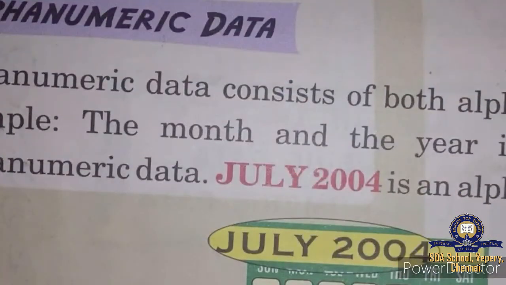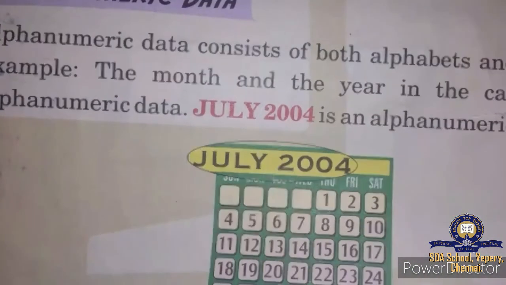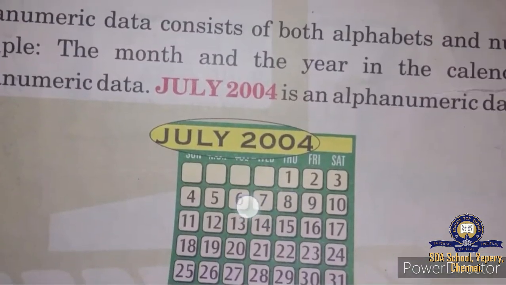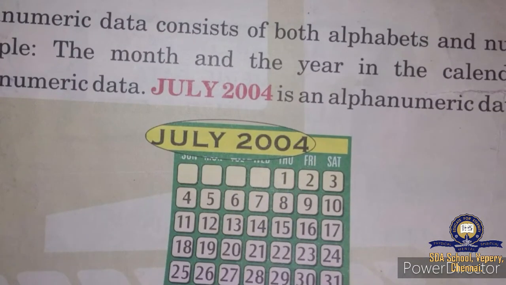Then you see here alphanumeric data. What is alphanumeric data? Alphanumeric data consists of both alphabets and numbers.